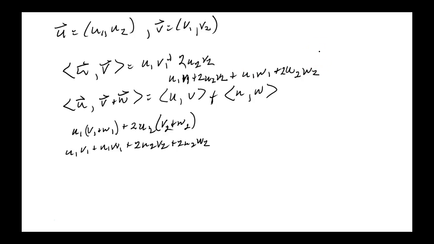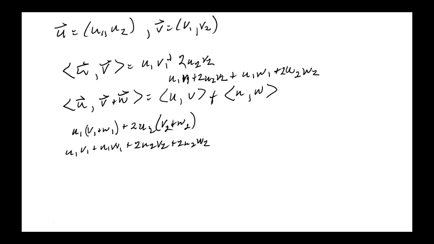Right? According to this rule, V plus W would be V1 plus W1, comma, V2 plus W2. So the first one would be U1 times V1 plus W1 plus 2U2 times V2 plus W2. And then when you break this down, that would be U1 V1 plus U1 W1 plus 2U2 V2 plus 2U2 W2.